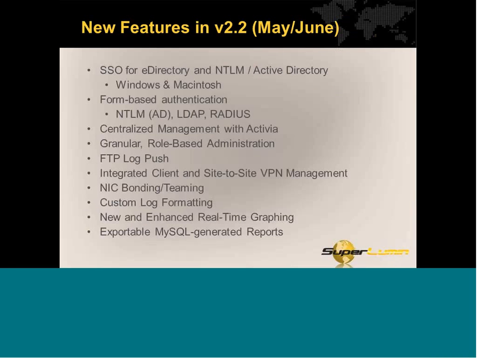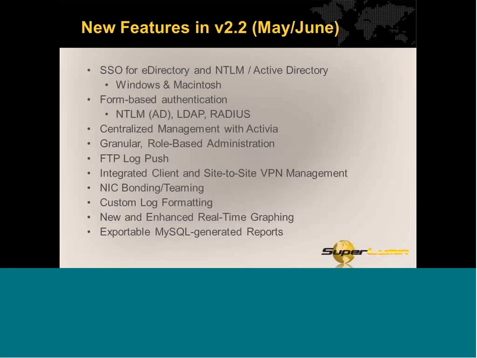There's more than this. I wanted to hit this slide up and get as much of it as possible on here for you. The single sign-on with 2.1 applies to Windows workstations in an eDirectory environment.